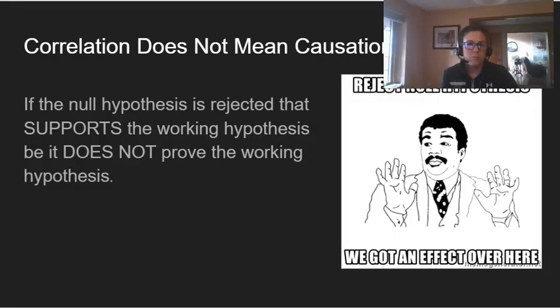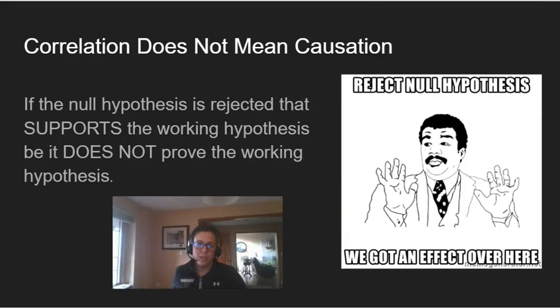Throughout this week, we're going to test these null hypotheses. If we can do a statistical test and reject that null hypothesis, then we know that there's something going on, some type of effect, right?